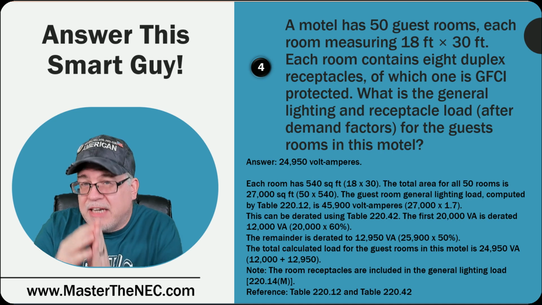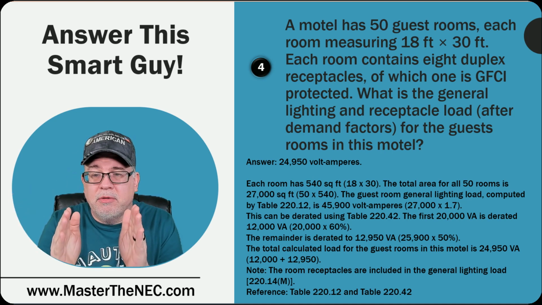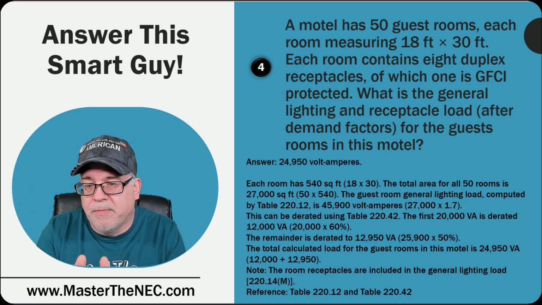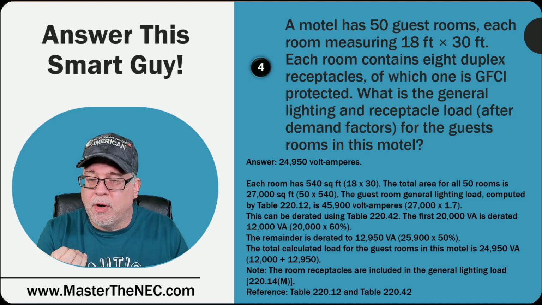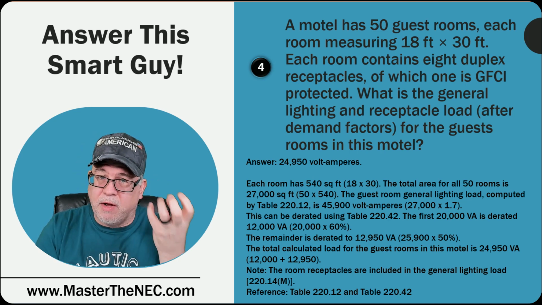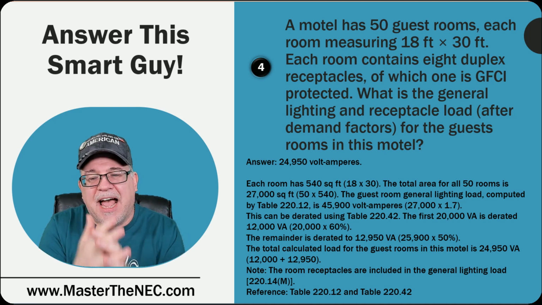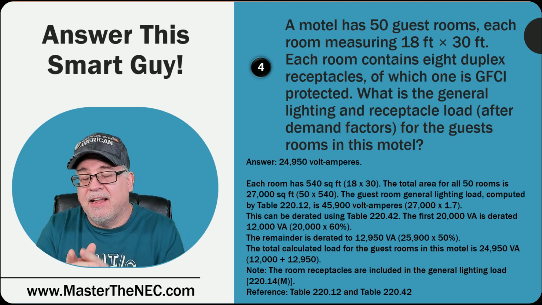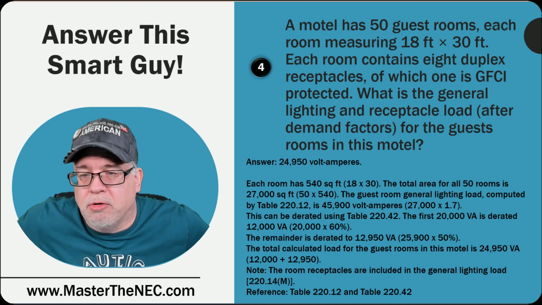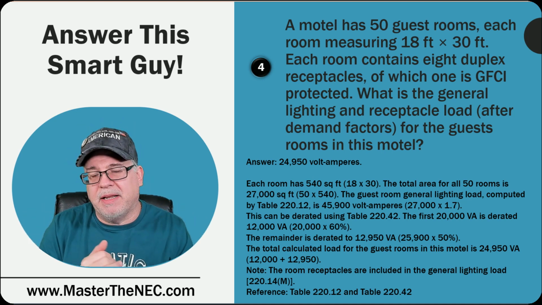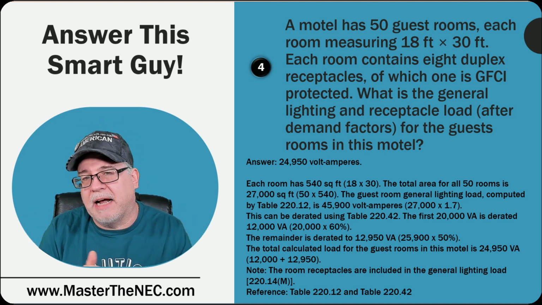That was 25,900. Take that value and do that at 50%. And that value came out to be 12,950. So you add the 12,000 and the 12,950 together, and that is your VA. And in fact, that is your demand value after you apply the ability to utilize table 220.42.